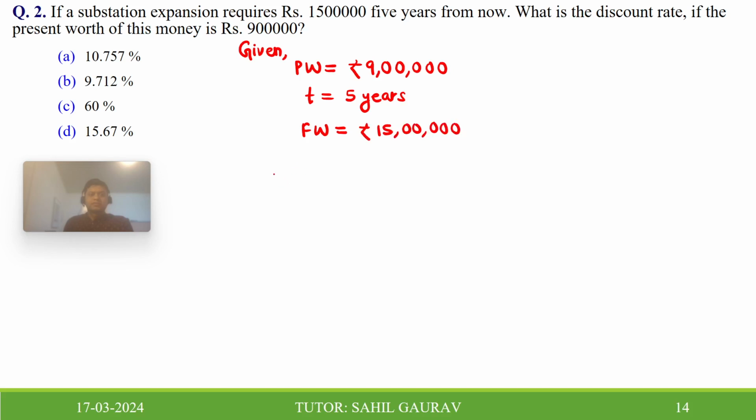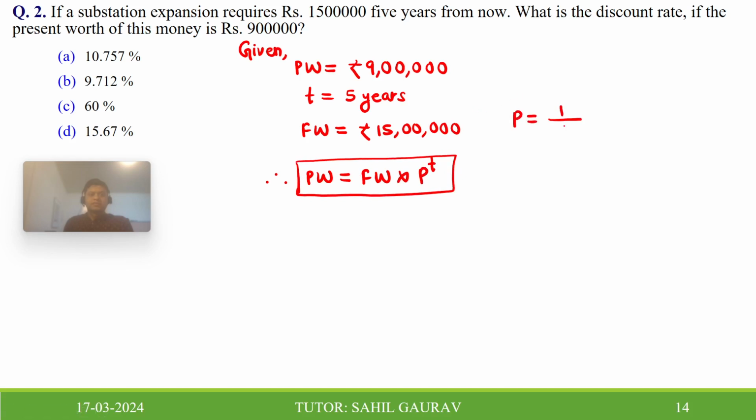So we know the expression: present worth is equal to future worth into p upon t, and p is the present worth factor. It is denoted as 1 upon (1 plus d) to the power t, where d is the discount rate.